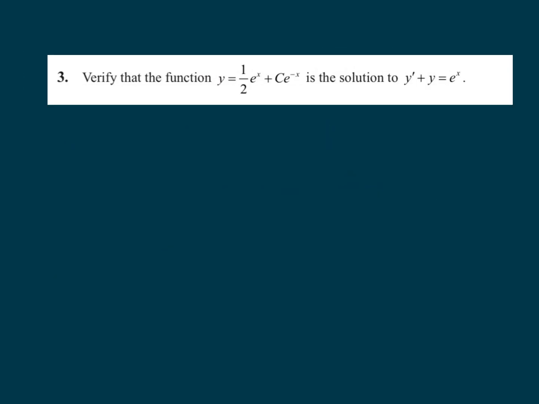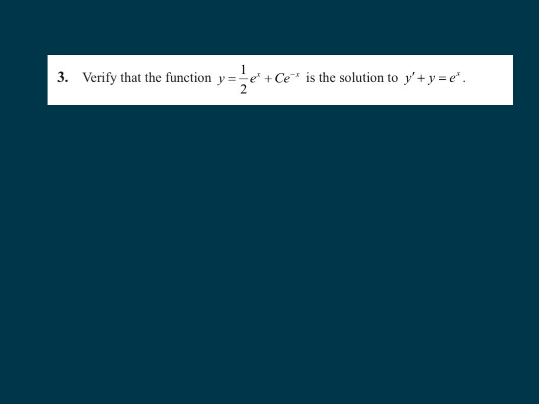The third problem says: verify that the function y of x equals 1/2 e to the x plus c e to the minus x is a solution of the differential equation y prime plus y equals e to the x. What will I do?